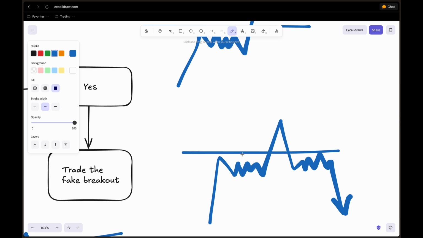Price consolidates, breaks out, then closes right back in the next one or two candles, and then it consolidates again and you find the trade here. This will be your entry.